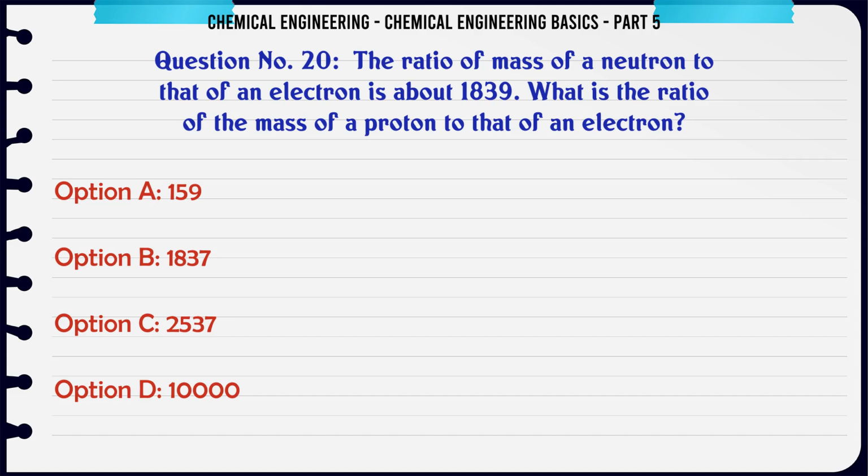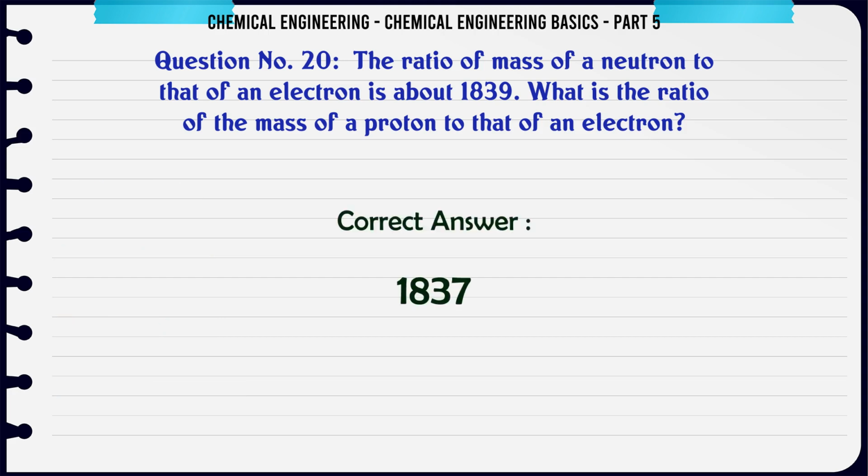What is the ratio of the mass of a proton to that of an electron? A. 159. B. 1837. C. 2537. D. 10,000.